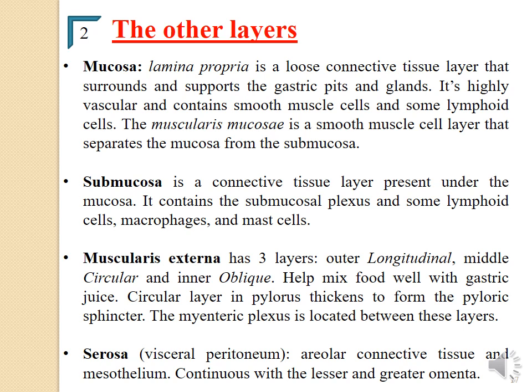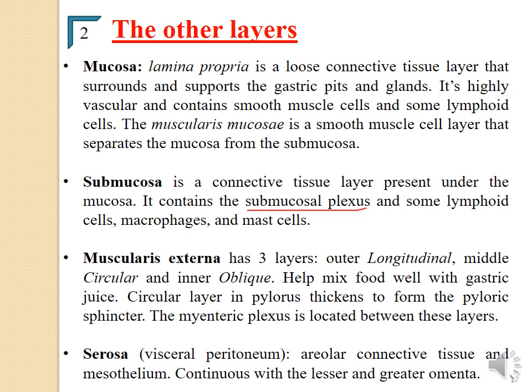Now, here we have some lymphoid tissue, some macrophages, some mast cells. These all play a part in immunity, but importantly, we have the submucosal plexus. The submucosal plexus is a group of nerves, of course. It is part of the enteric nervous system, which controls the muscular activity and the glandular secretion of the alimentary tract.